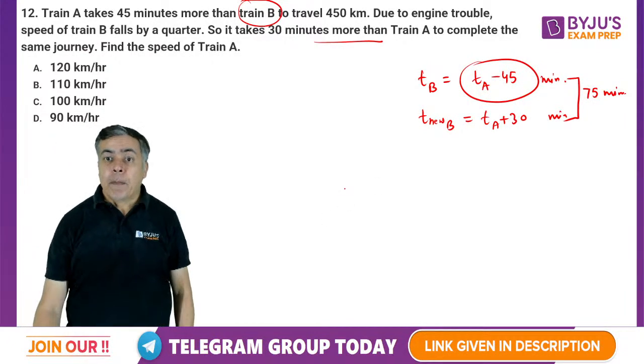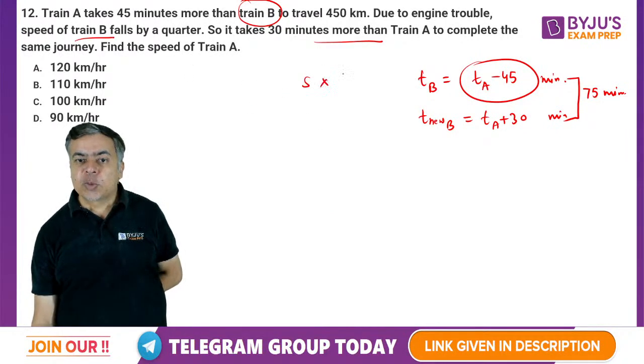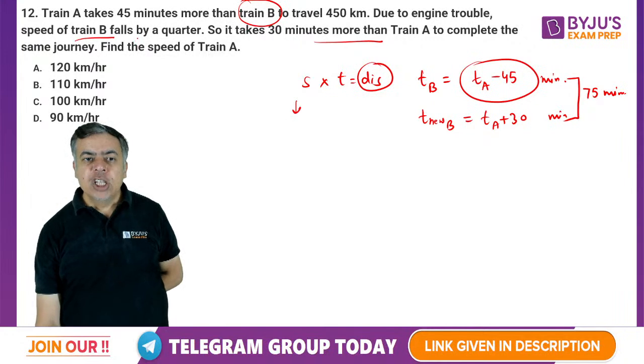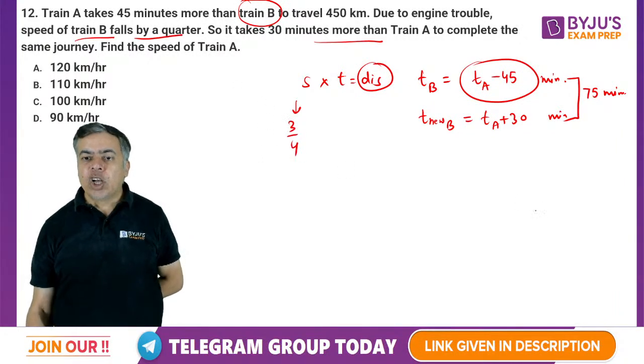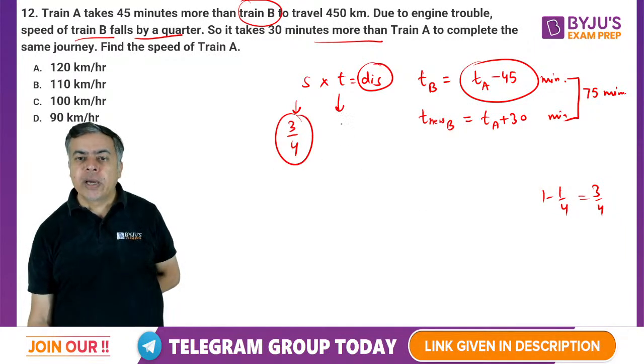But the speed of train B, because I know speed into time equals distance, whereas the distance was constant, speed falls by a quarter, means it becomes 3/4. Falls by a quarter means it's reduced by a quarter. Now it becomes 3/4. If speed becomes 3/4, time should become 4/3.